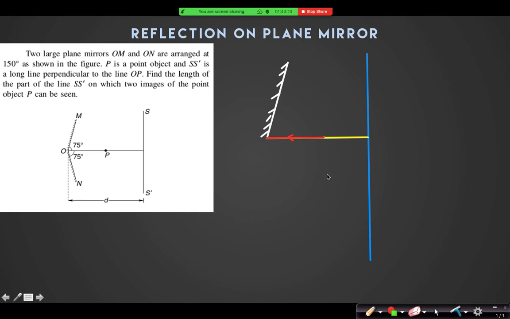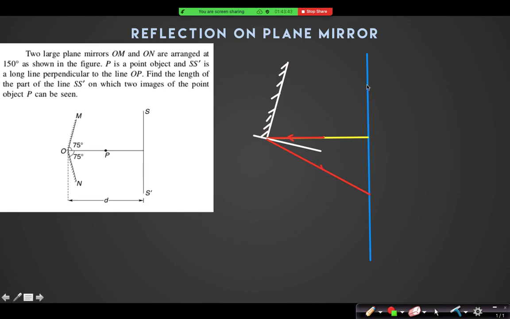Can you tell me what is the angle of incidence here? 15 degree angle of incidence. If you drop a perpendicular, then you will find this angle is 15 degree. So after the angle of incidence, the ray will also come at 15 degree.